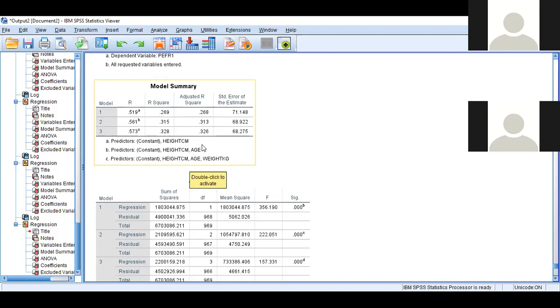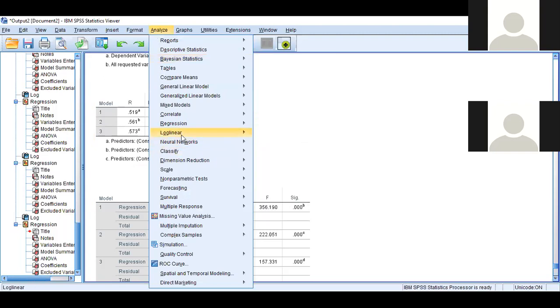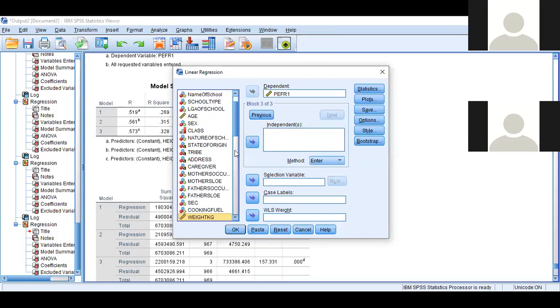What additional thing has it added? 0.13, 13%. Just note this, 32.8. Let's replace it and put sex now as number 3 to see. Maybe it will be better than 32.8. So now put that sex.